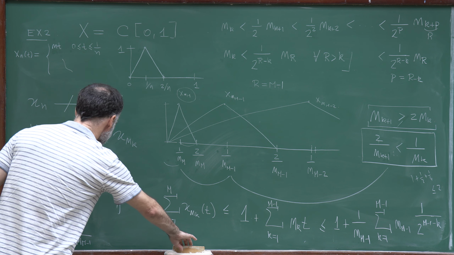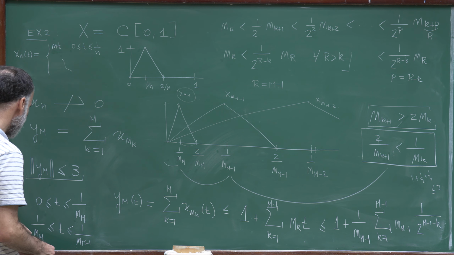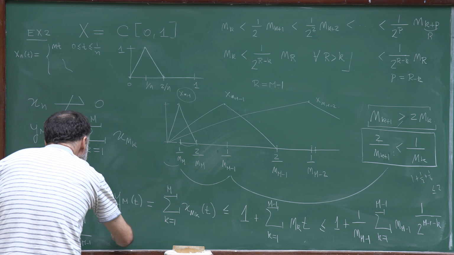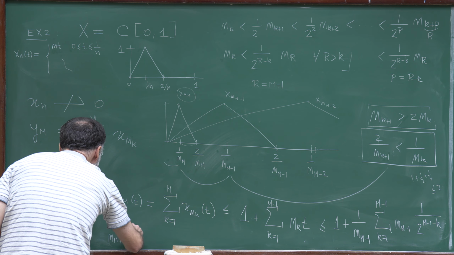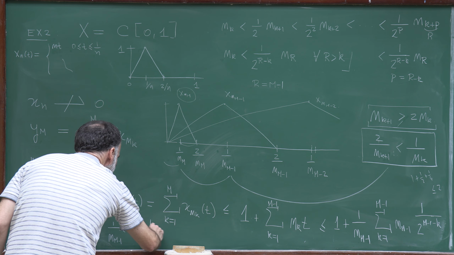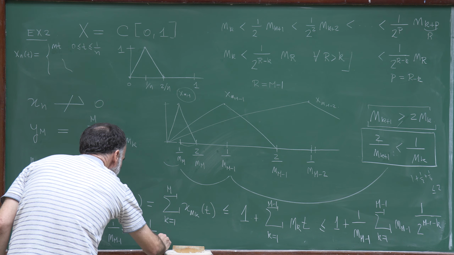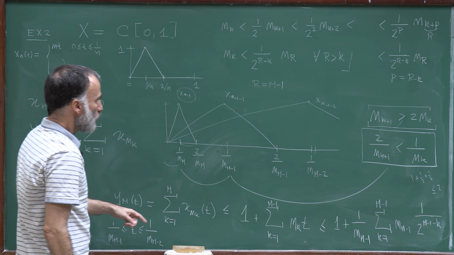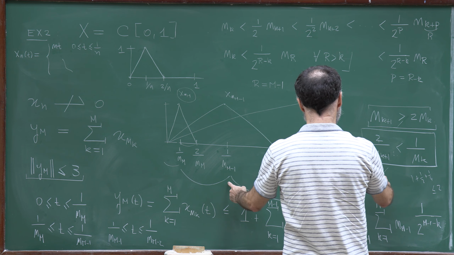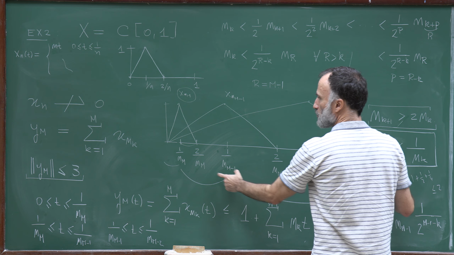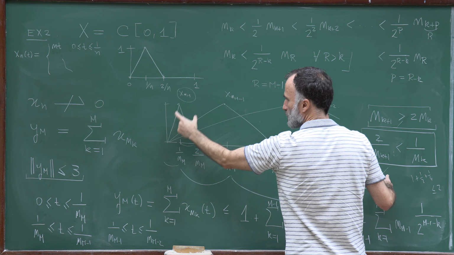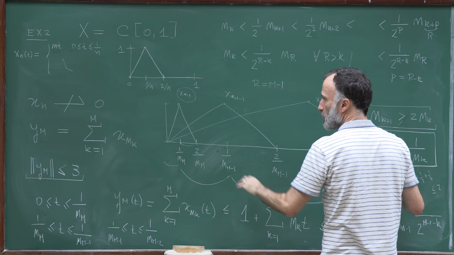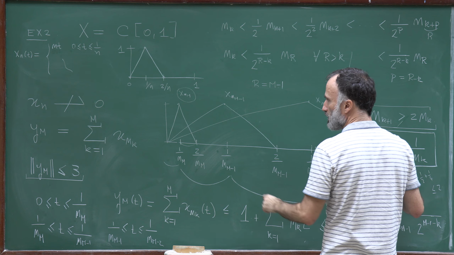So we can proceed in this way and now take the interval between n_{m-1} and n_{m-2}. When you take this interval, you see that now x_{n_m} is just 0, so you don't need to consider it.